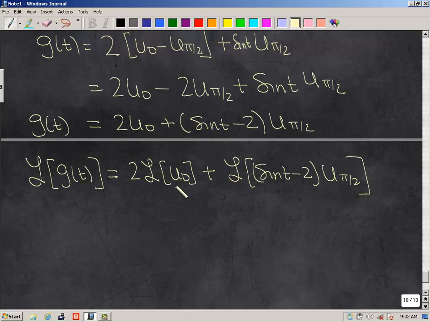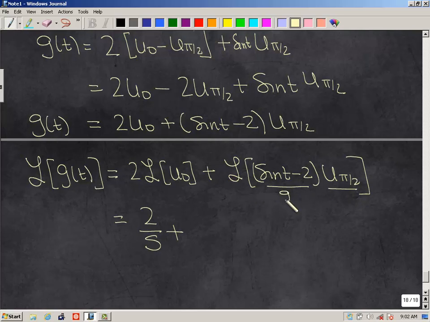All right, this is property 1 that I just gave you, Laplace of u of a. If you remember, Laplace of u of a was what? e to the minus sa over s. In our case, a is 0. So e to the 0 is 1, so you'll just get 1 over s. So this gives you 2 over s plus, for this one, I have some function times a step function. This is property 3.